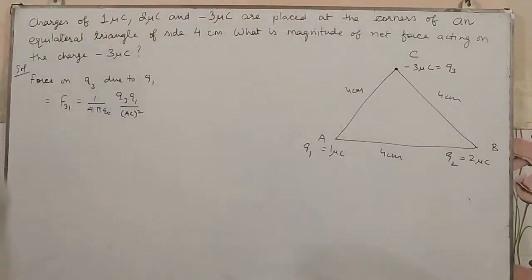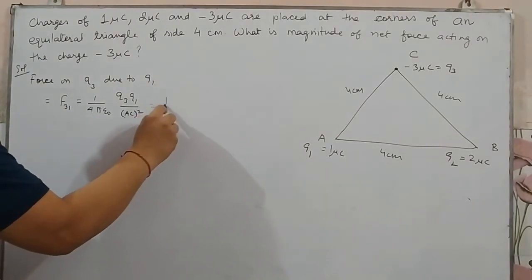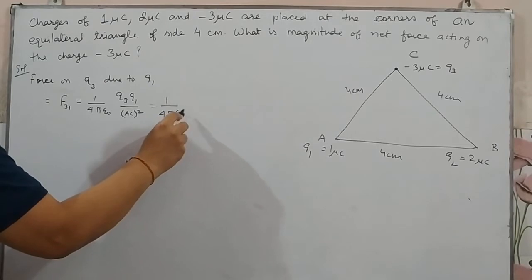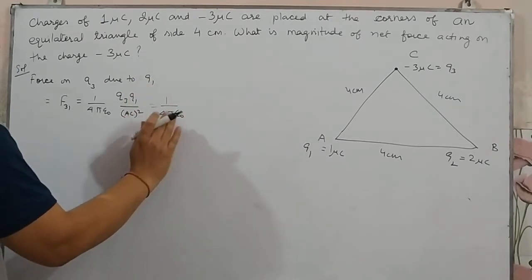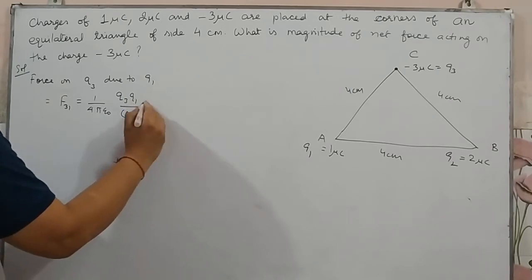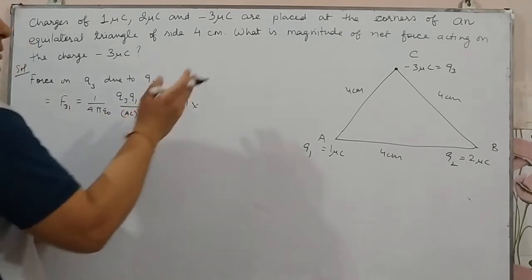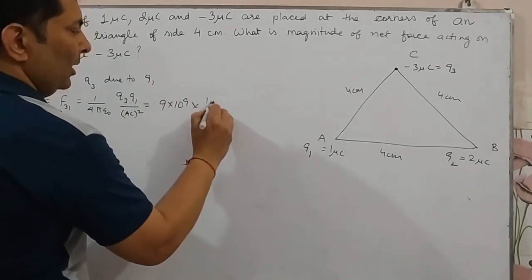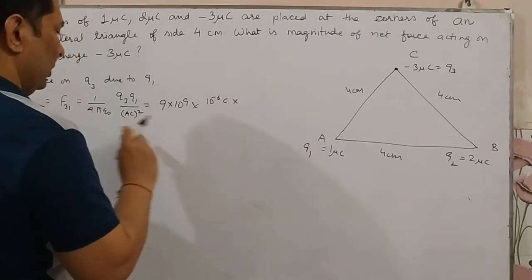Fine. So putting in the values, we have 1 upon 4 pi epsilon naught, which is 9 into 10 raised to power 9. Q1 is 1 microcoulomb, that is 10 raised to power minus 6 coulomb.